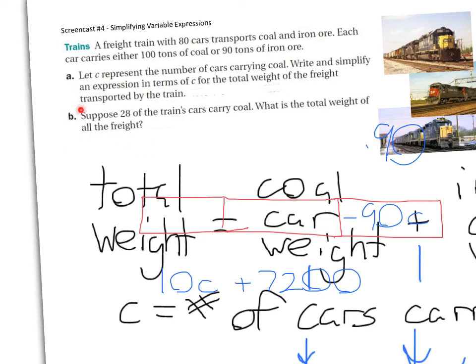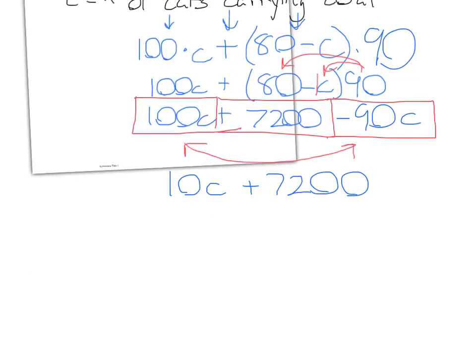If it says suppose 28 of the train's cars carry coal, we know that what was once C, an unknown, the number of cars carrying coal, is now 28. So we can now safely say that C is equal to 28, which means wherever we see a C, we replace it with 28.